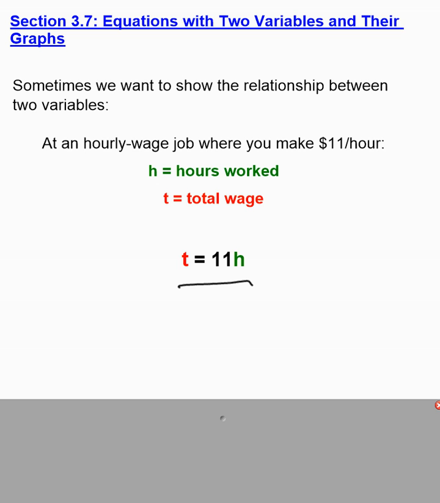So this is an example of what we mean by an equation that relates two variables. No matter what number of hours you work, you can find a total wage that's associated with that. If you work 1 hour, your total wage will be $11. 2 hours, $22. If you work 3 hours, your total wage will be $33. So it's just a constant set of relationships between these two variables.